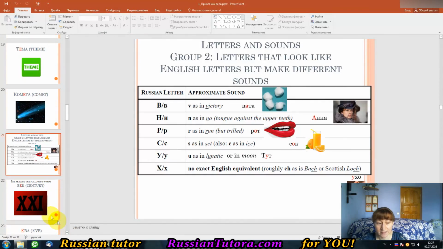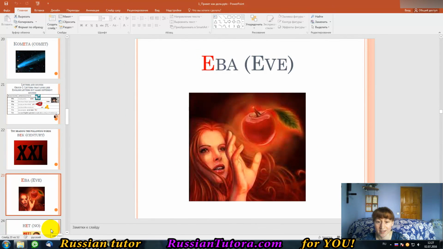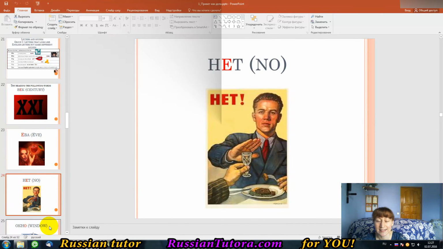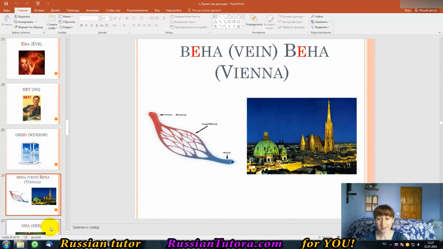Let's try reading more words. Век. Ева. Нет. Окно. Here again you can see the unstressed O, which sounds like A. Be sure to make emphasis on the end here. Вена.